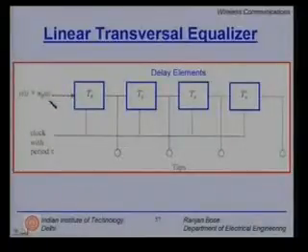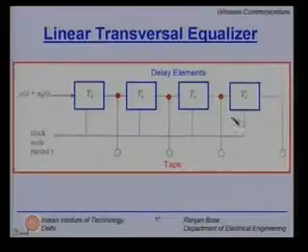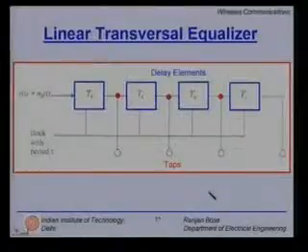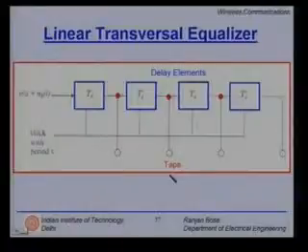In the presence of noise, there will be some prediction error. Clock with period tau. Here we have the tap points, and based on that you can calculate and obtain your dk hat, the estimate of dk. So, this is the basic structure of the linear transversal equalizer. You have delay elements and you have the tap points.